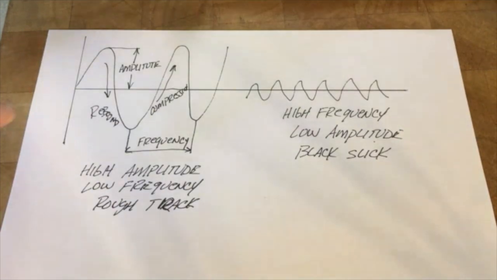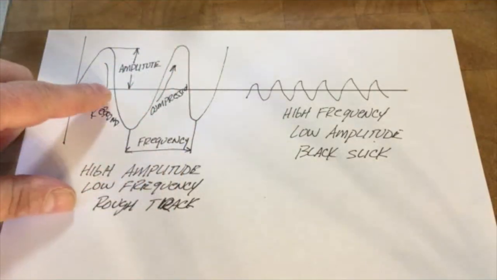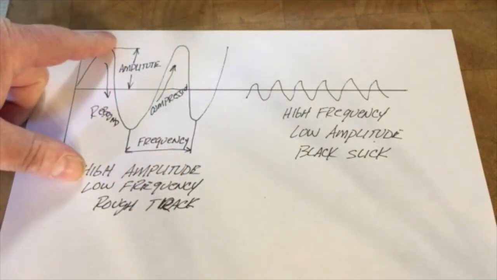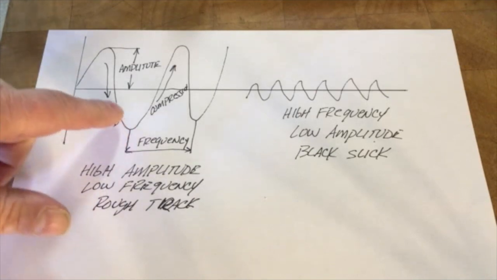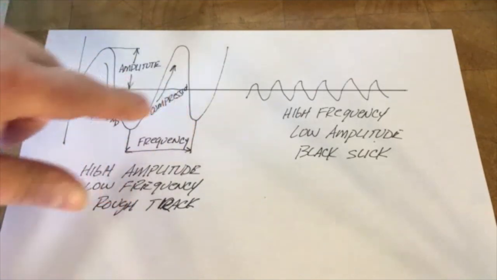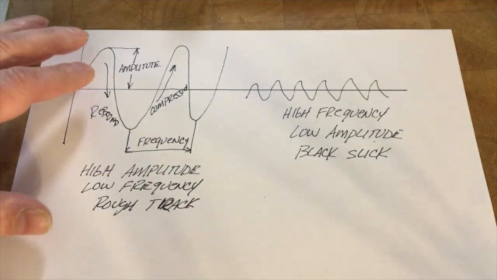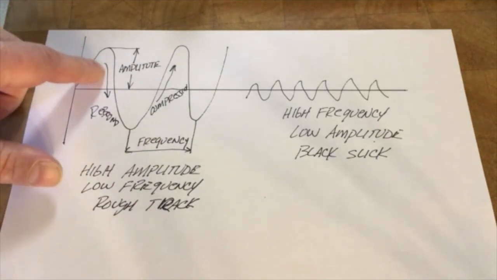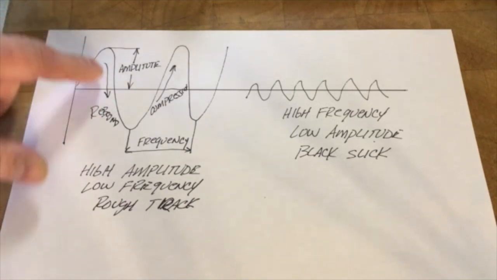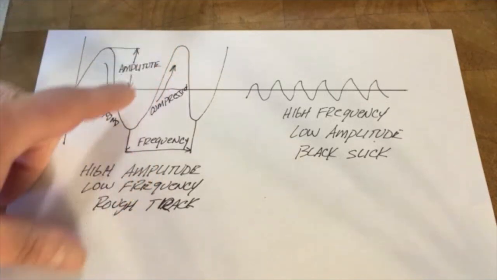But basically, if this is a wave, amplitude is the height of the wave, and frequency is the distance between the wave bumps. In a racing application, think of this as suspension motion or shock motion. This would be your rebound phase, shock going out, and this would be your compression phase, shock going in.